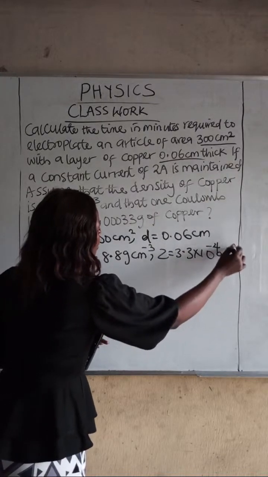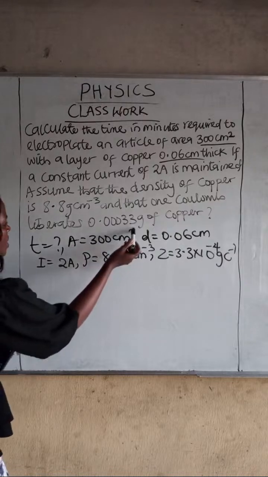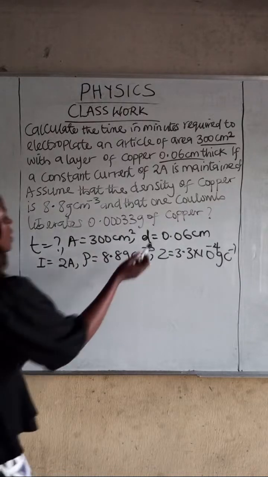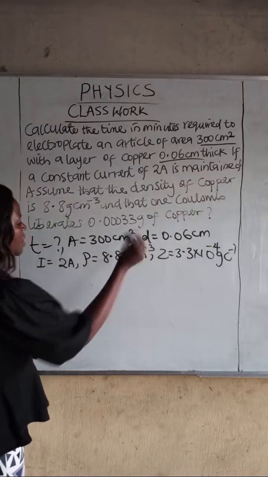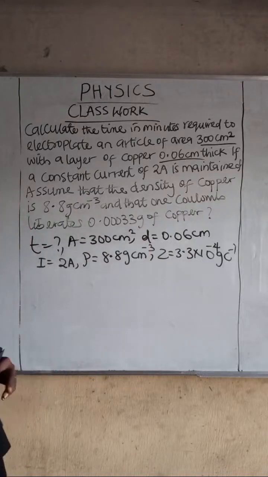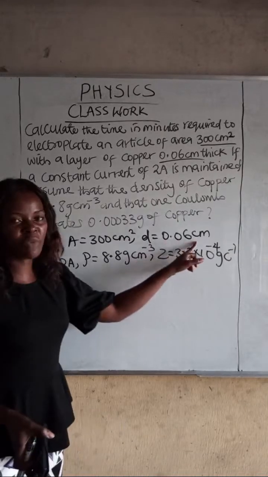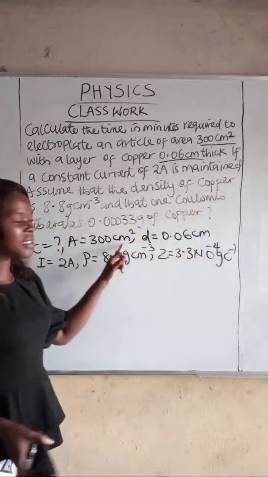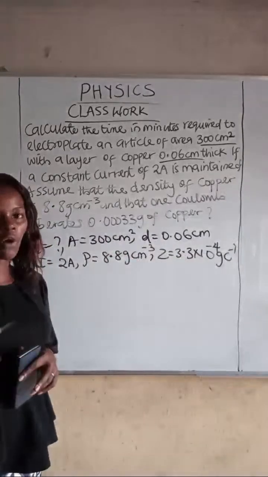-4 grams per coulomb. Now, look at this. The area is centimeter square. The thickness is centimeter. The density is gram per centimeter cube. So we don't need to convert. Let's assume this thickness is in meter and the area is in centimeter. We must convert so that all of them will be in the same unit before we solve.